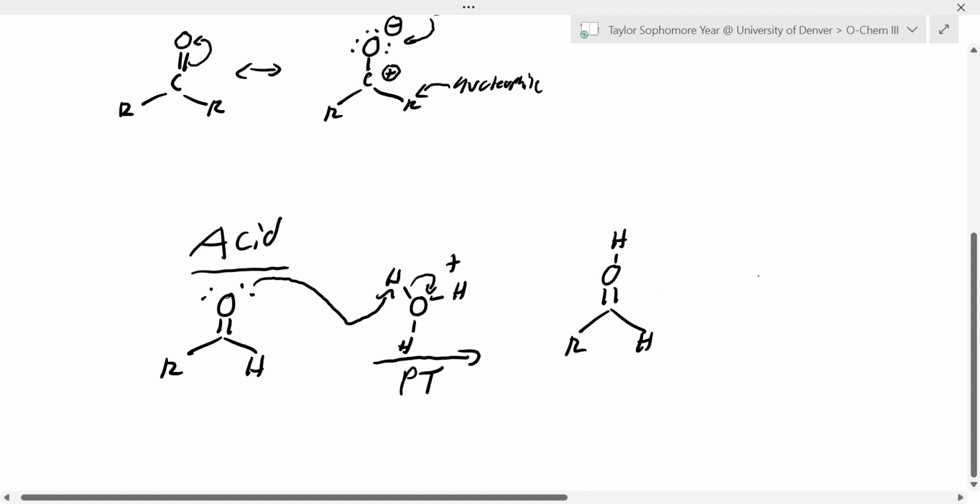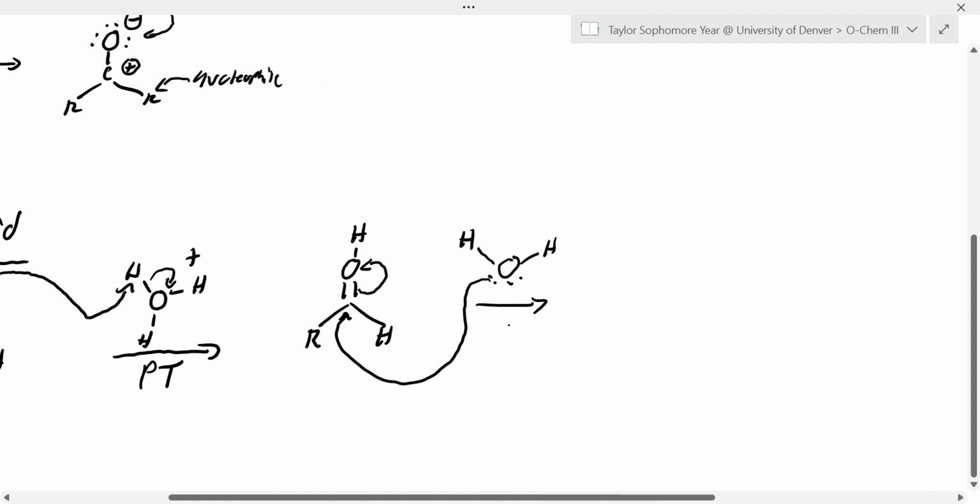And now we can use water as a way of reacting, and these electrons can push on this double bond, breaking it and putting the electrons on the oxygen. Now, because we have a single bond between carbon and oxygen, we have this product.